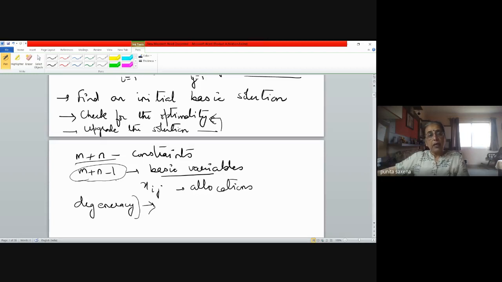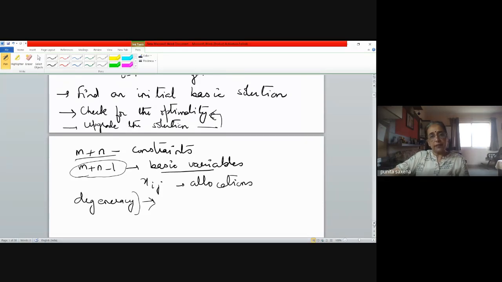If they are equal to m plus n minus 1, we straight away start with the optimality conditions. If not, then we handle degeneracy in that case. So this is how the algorithm is going to work. One by one, we'll proceed with all possible cases. As I said, we'll handle special cases later on, and the direct cases first.